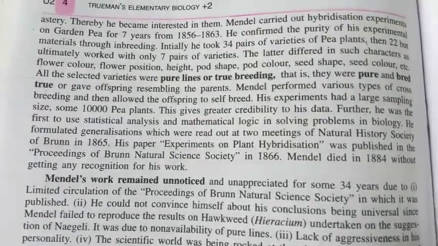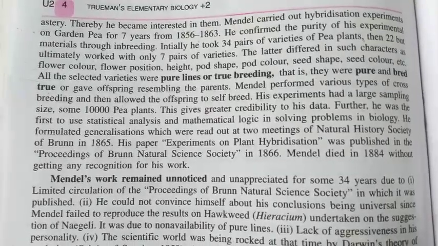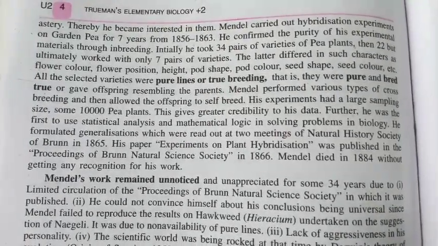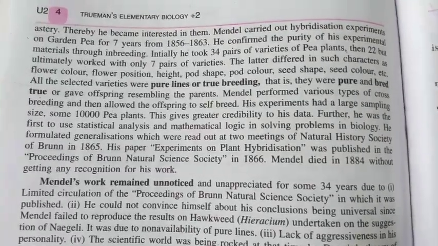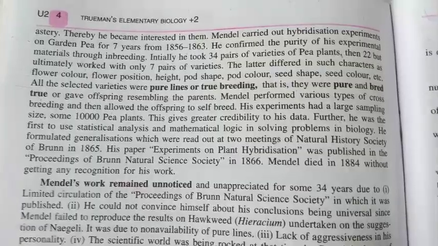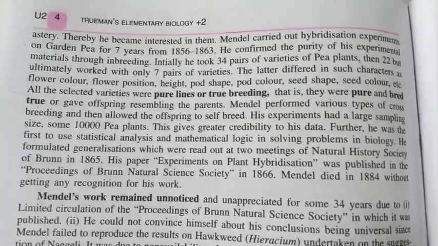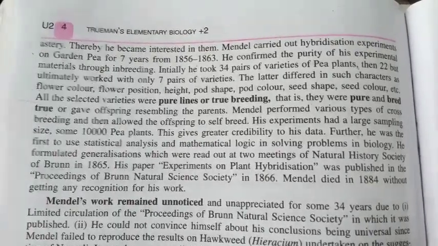His experiments had a great sampling size, some 10,000 pea plants. That is, his sampling size was quite large, and this gives greater credibility to his data. Further, he was the first to use statistical analysis and mathematical logic in solving problems in biology.